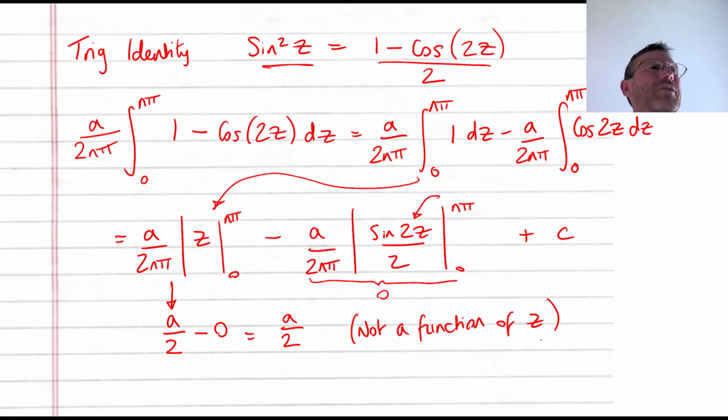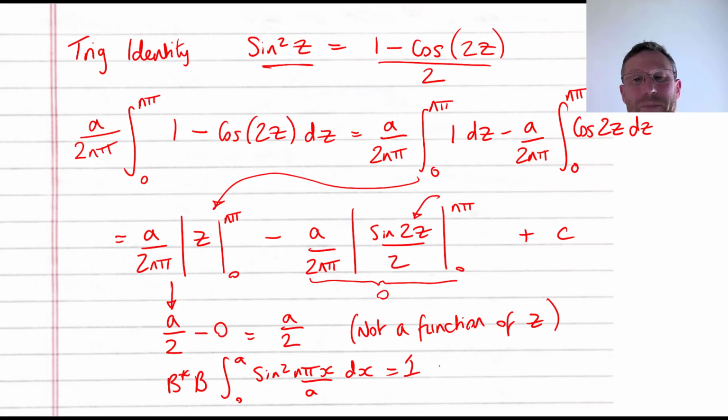That's pleasing to us, because ultimately the integral we started with, b star b integral from 0 to a of sine squared n pi x over a dx equals 1, simply becomes b star times b times a over 2 is equal to 1. And so let's now move forward to the next slide.